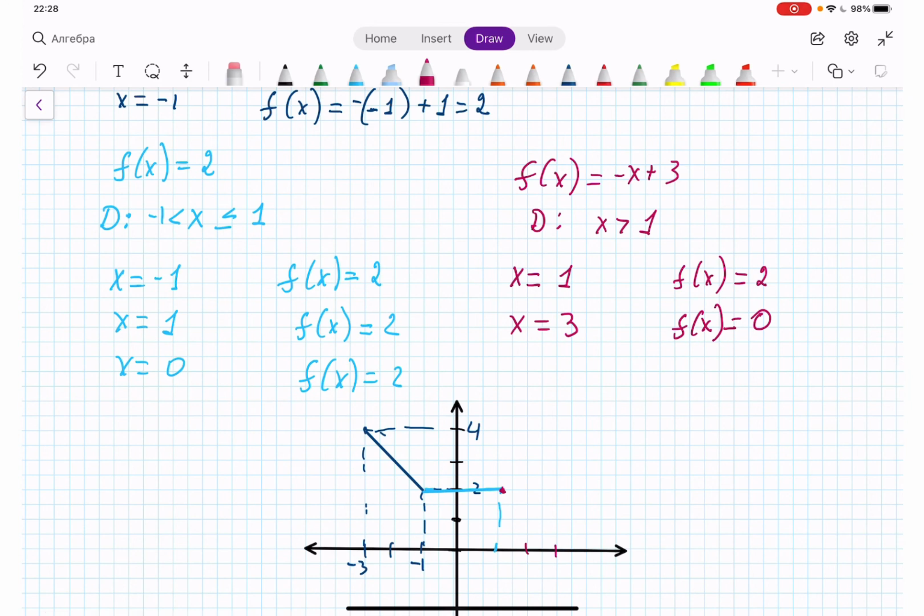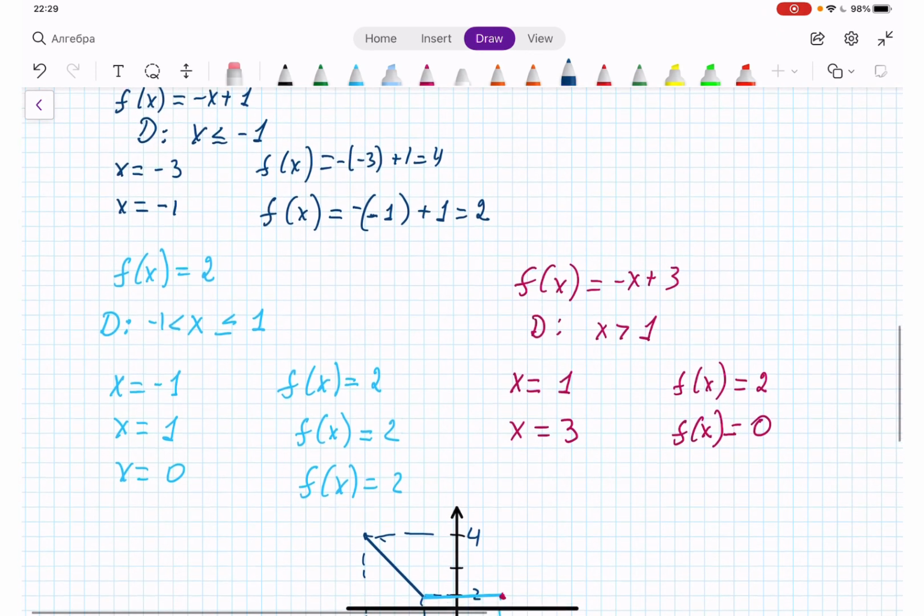It is greater than 1, so x equal to 1 cannot be included, which means we have a circle here. Let me check the function again. Yeah, it's greater than 1.